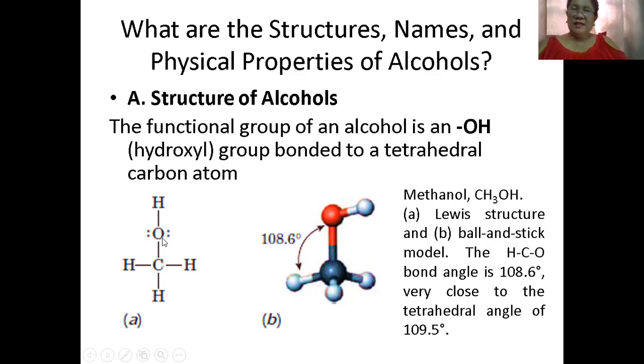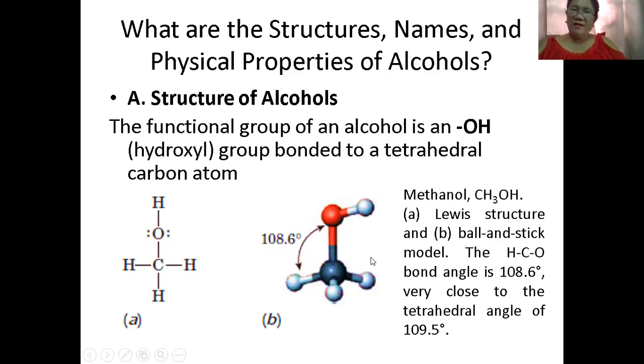So this is an example of an alcohol, the easiest one, which is known as methanol, or methyl alcohol. This is the Lewis structure of our methanol. This is your carbon.